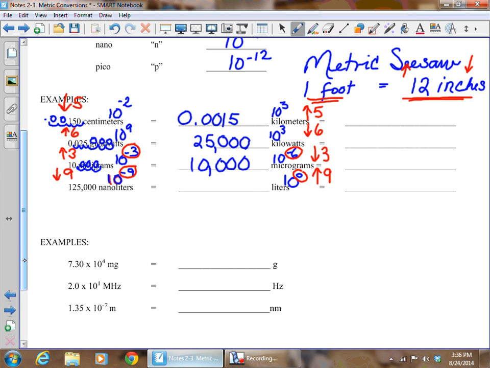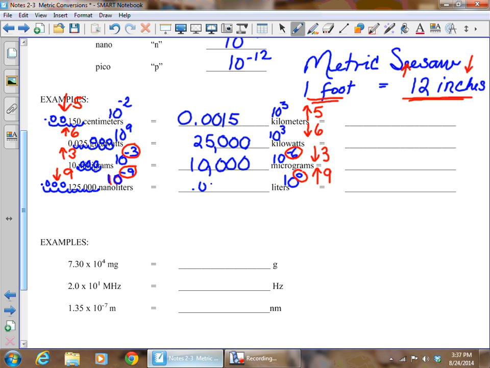So mark where the decimal is understood to be. Since it's not showing, it's understood to be at the end, and we're going to make this number 9 places smaller. So 1, 2, 3, 4, 5, 6, 7, 8, 9. Replace those with zeros. Put our decimal in, because without the decimal here, we wouldn't have the correct number value.